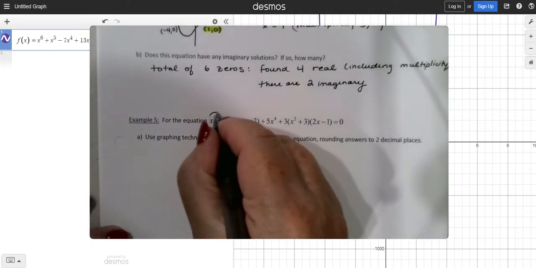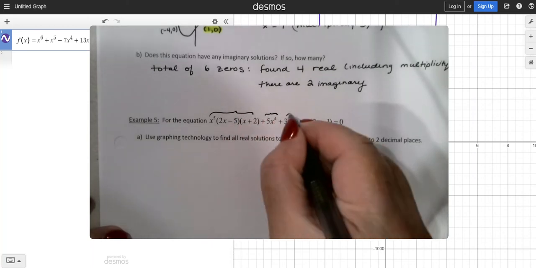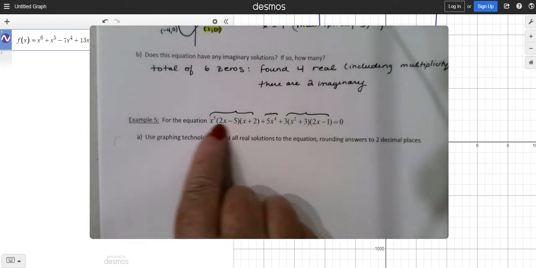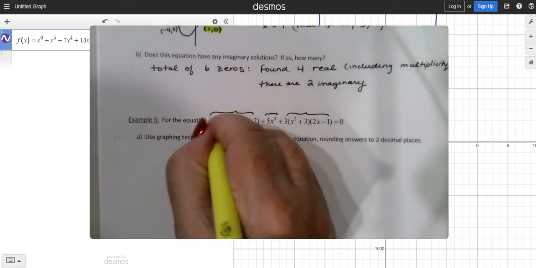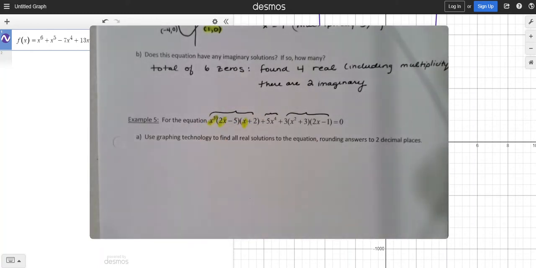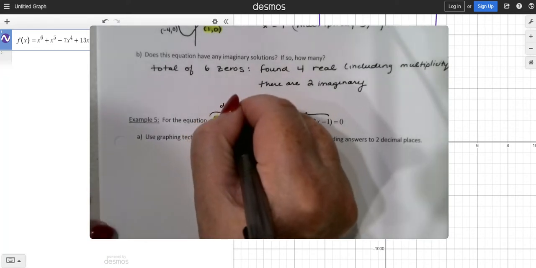I'm seeing 3 total terms here. 3 sets of stuff that are multiplied together. And if you look at this first set of multiplication, x to the 5th times 2x times x, that would result in an x to the 7th power. So that term would have degree 7.